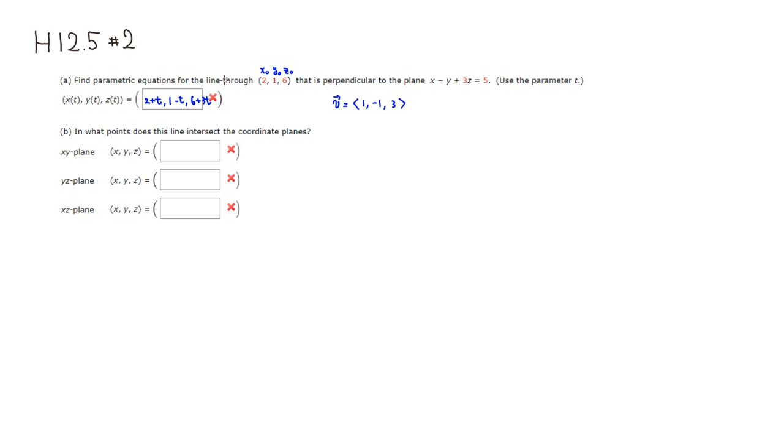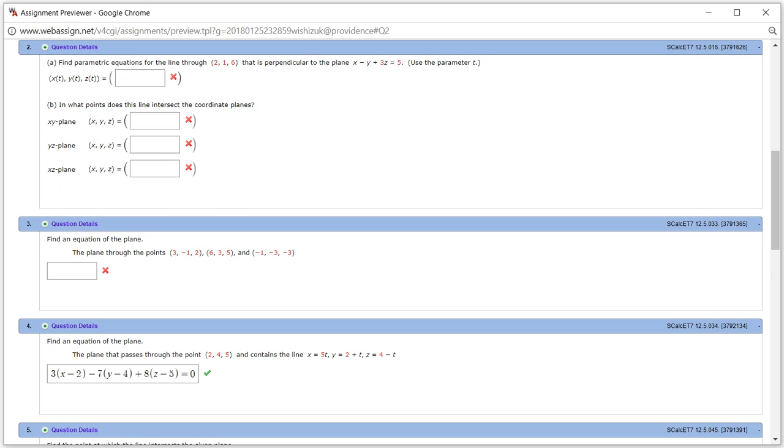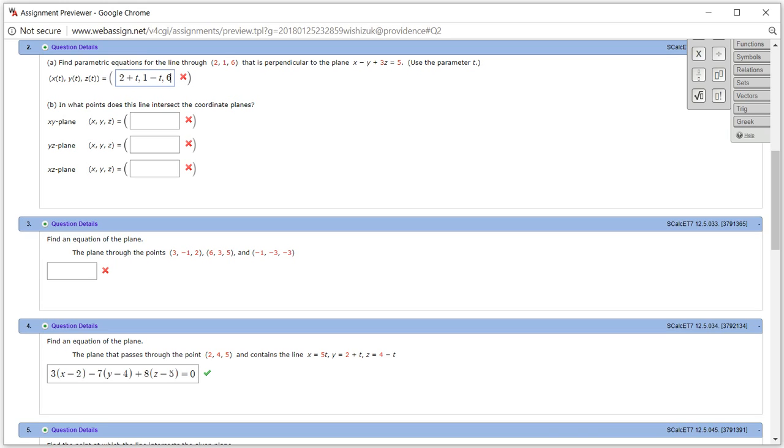All right, so let's type it in. We had 2 plus t, comma, then 1 minus t, comma, then the last one is 6 plus 3t.